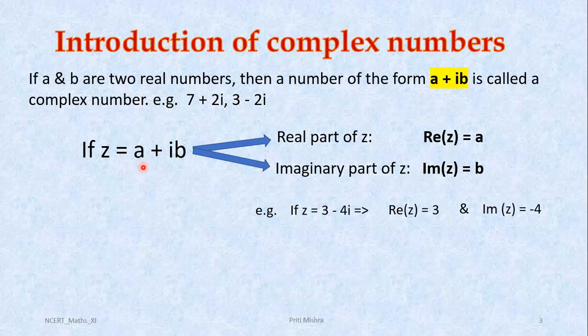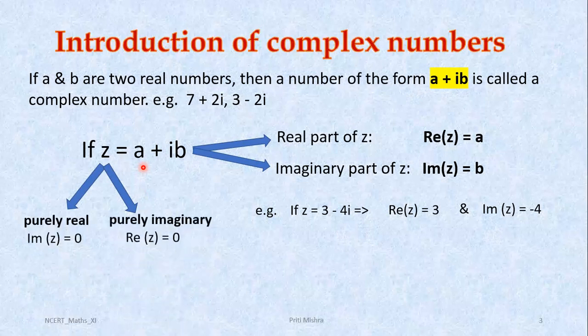Now for any complex number, if we have to find out whether it is a purely real or a purely imaginary complex number, what conditions can we have? Any complex number will be purely real if its imaginary part is 0. Means Im(z) will be 0, then the complex number will be purely real. When ib is equal to 0, then you can see z is equal to a, and a is the real part of z, so it will be purely real.